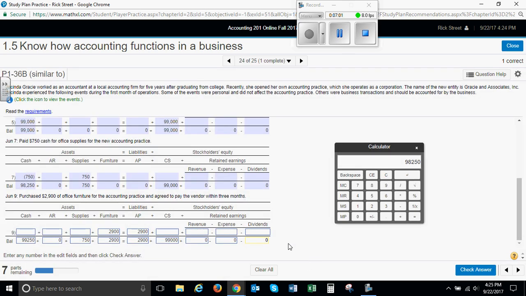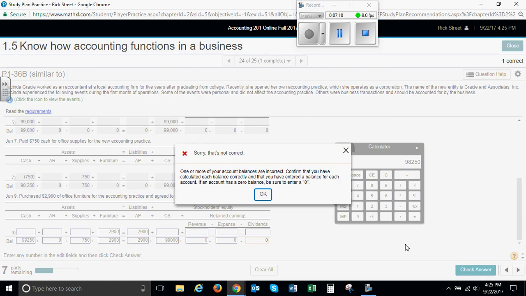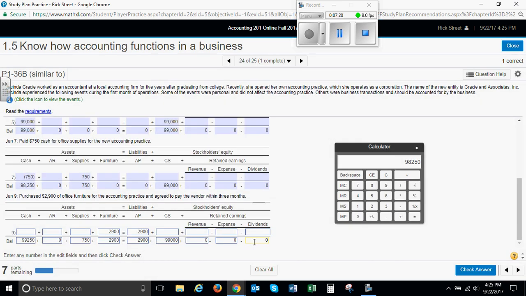Whoops. So I've done something wrong here. So this is the first thing that we do. We got to figure out what it is that I did wrong. 99, well, there we go. It's 98,250. How easy is it to enter errors like that? Okay, it doesn't like this zero in here under dividends. I'm not sure why.